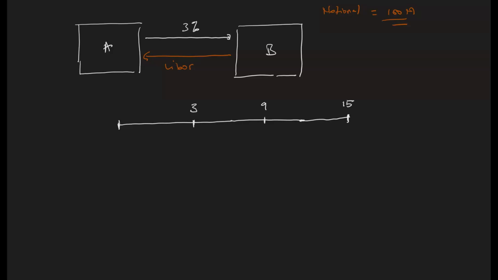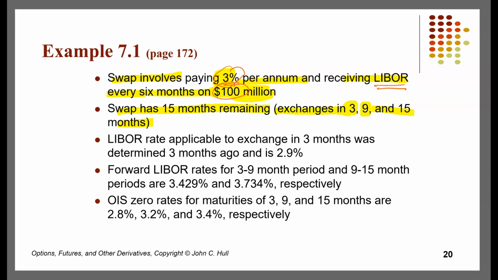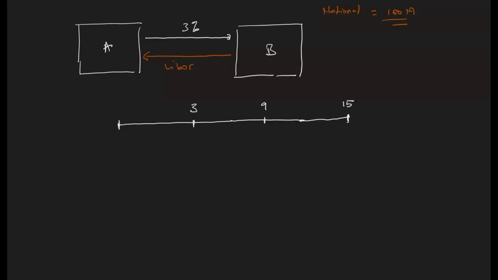We are also told that the LIBOR rate applicable to the exchange that's going to occur in 3 months was established 3 months ago, so we're going back 3 months, and that's 0 here, just today.